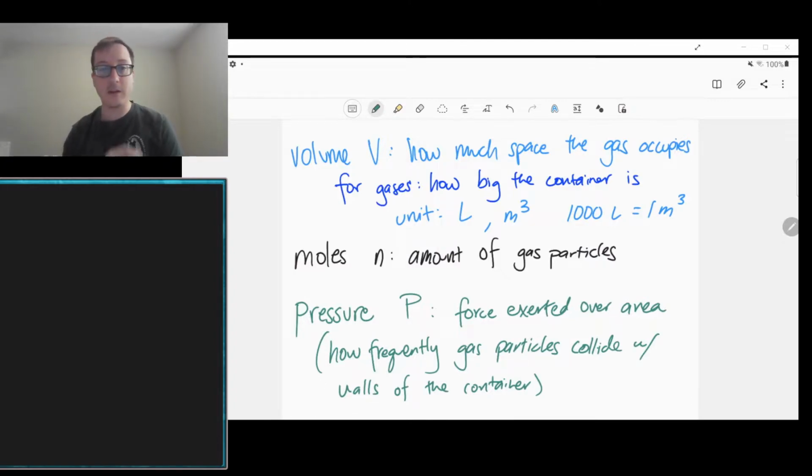So it's how often they're bonking into the wall, and that's going to end up causing a pressure over time. If you think about it, we're constantly living in one atmosphere of gas. That's a unit we'll talk about in just a second. And so we're being constantly bombarded by gas particles, quadrillions of them, all the time.